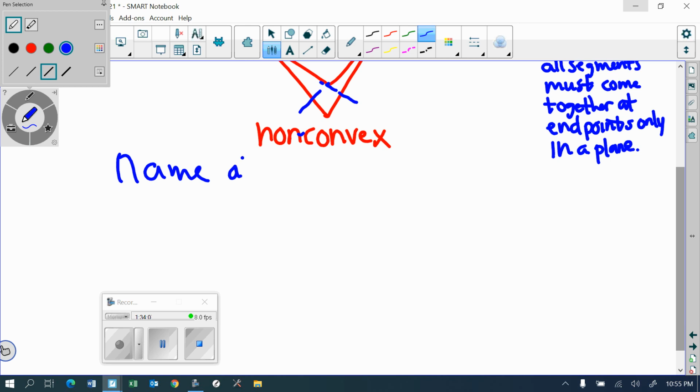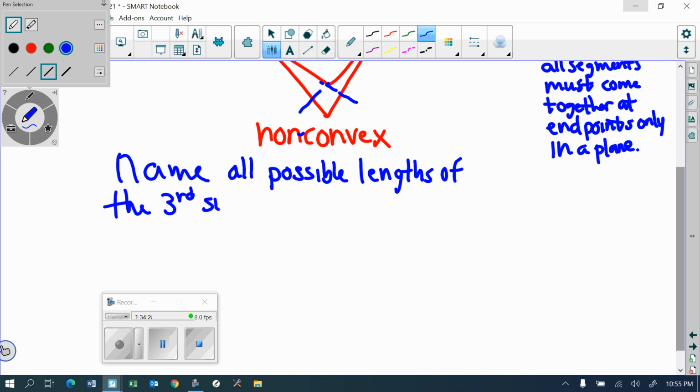Name all possible side lengths, all possible lengths of the third side of a triangle, given the first two.